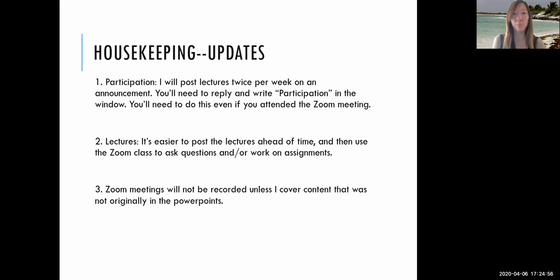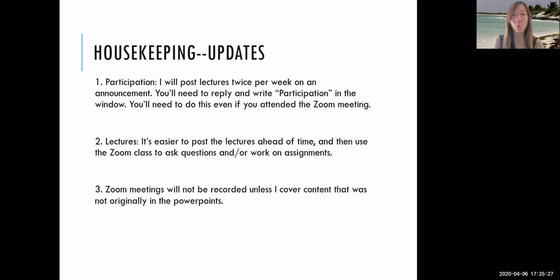And then you'll need to reply and write participation in the window. So that's what you've done before. The difference is that even if you attended the Zoom meeting, you still need to do that. Everyone needs to reply to the announcement. So this announcement, for example, that has the lecture in it, you need to reply to that, even if you have been in the Zoom meeting.